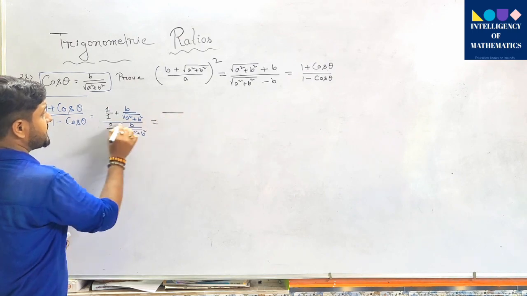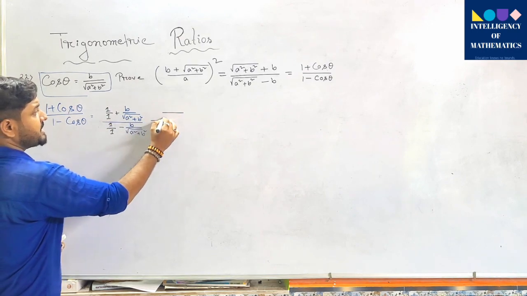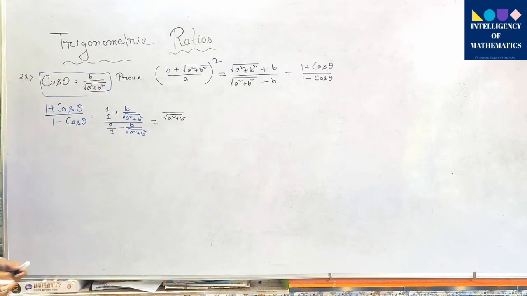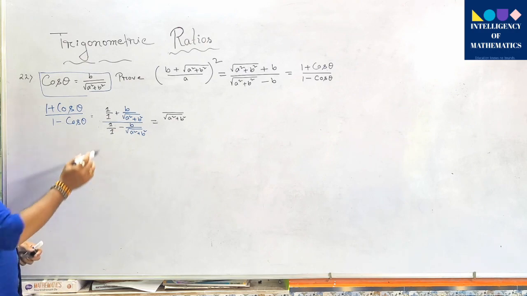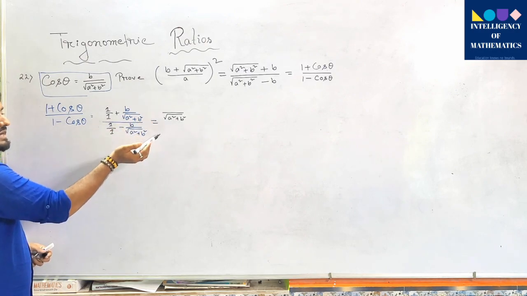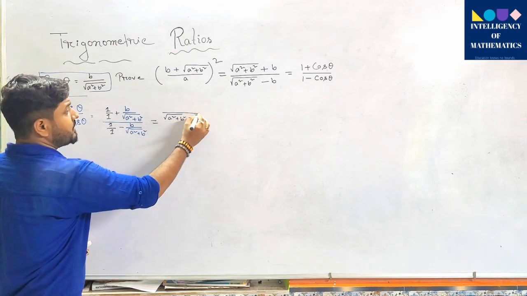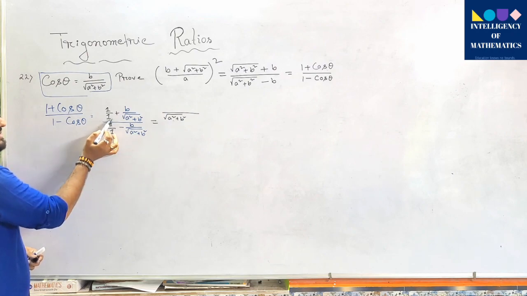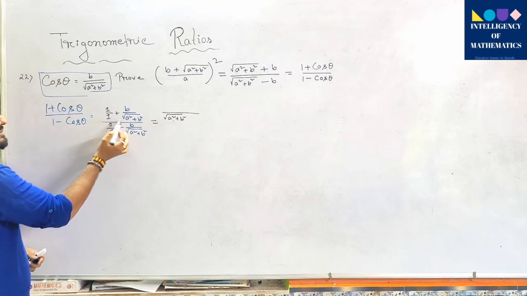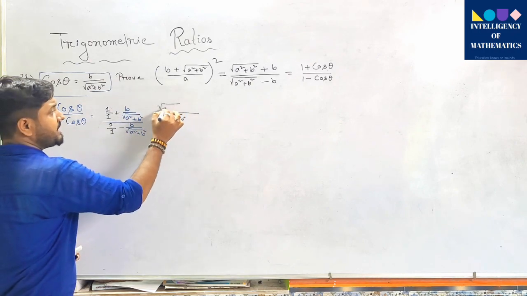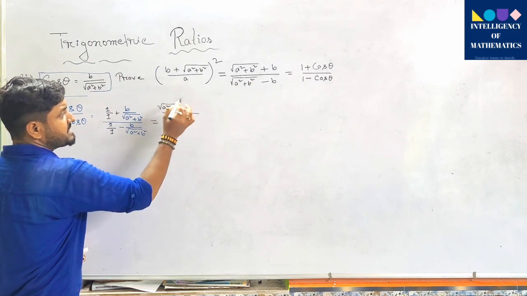The LCM will be this quantity, 1 into this. That means the multiplication of 1 into this will give you only this much. So when the LCM is divided by this denominator, according to the LCM rule, this number divided by 1 will give you this number. This number multiplied by 1 will again be root over a square plus b square.